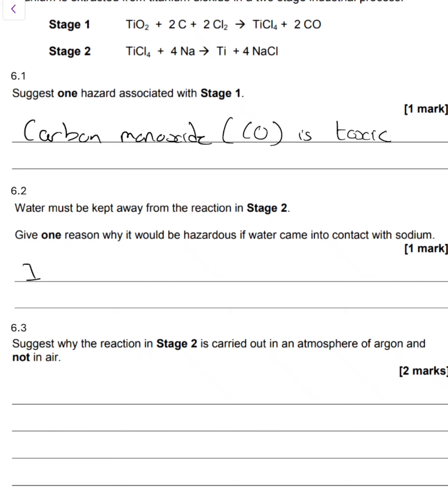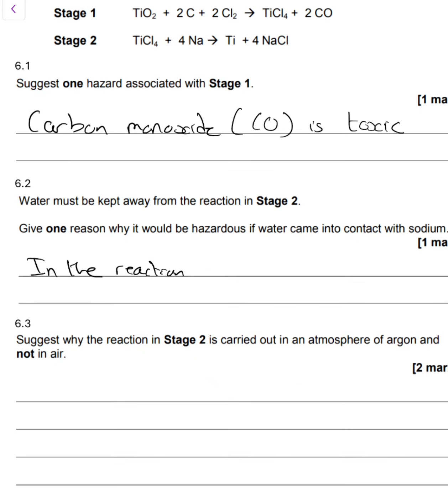So in the reaction, you can say that a lot of heat's produced and it forms a very either explosive or violent reaction. In the reaction, lots of heat is produced, okay, which then you can write as exothermic.